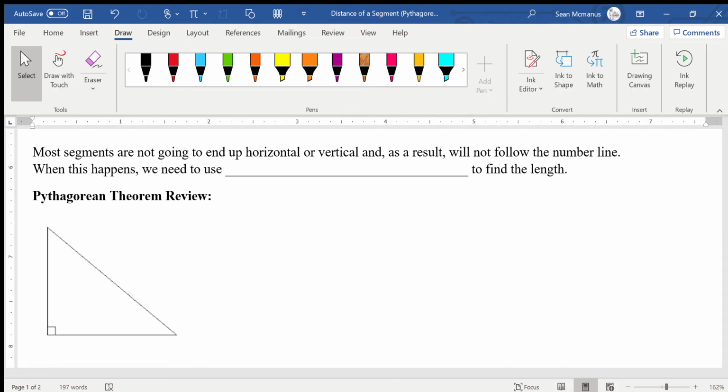They're going to be slanted lines, and we're not going to be able to count because they're not going to follow the number line exactly. So when this happens, we need to use everyone's favorite Pythagorean theorem.